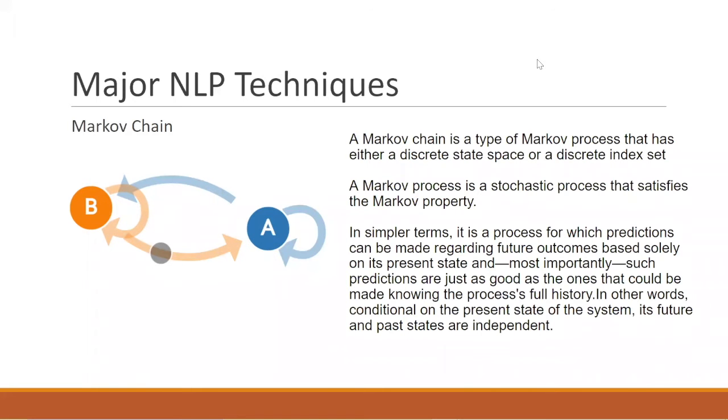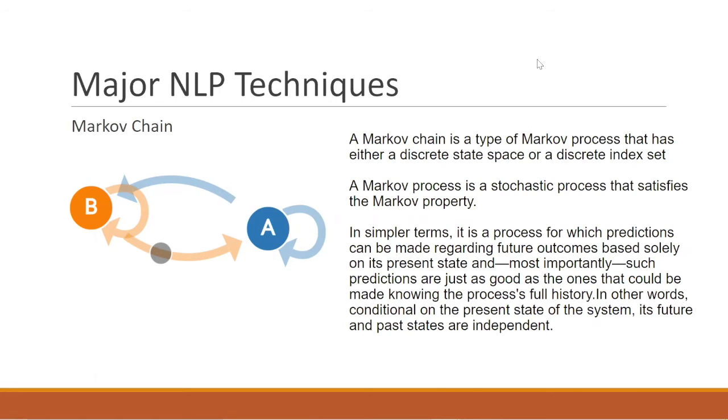Another NLP technique we use in our project to build the bot is Markov chain. A Markov chain is a type of Markov process that has either a discrete state space or a discrete index set. A Markov process is a stochastic process that satisfies the Markov property.